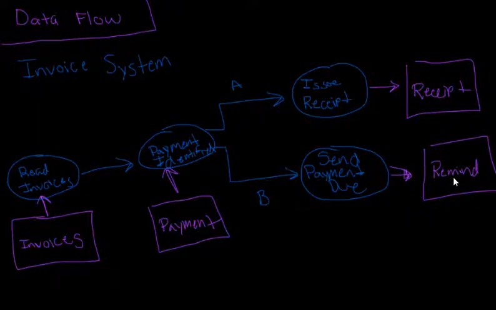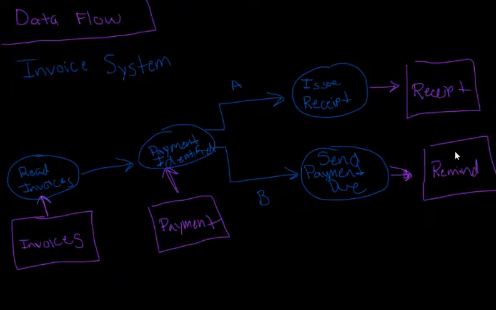So we go to the reminder function and send it to the user. Or alternatively, we say, okay, they've paid off the entire invoice, so we issue a receipt to the customer. And the customer receives that receipt just to make sure they have paid off that due.